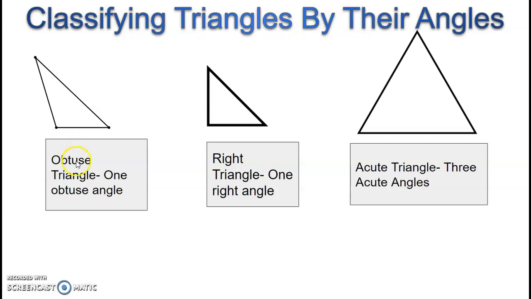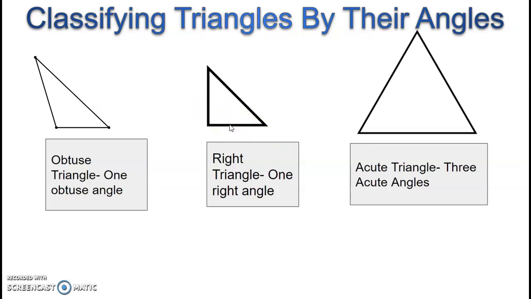And as a reminder, in order for it to be an obtuse triangle, it only needs one obtuse angle. The other two will be acute, but as long as it has one obtuse, that classifies it as an obtuse triangle. An obtuse angle is greater than 90 degrees. A right triangle only needs one right angle in order to be classified as a right triangle.